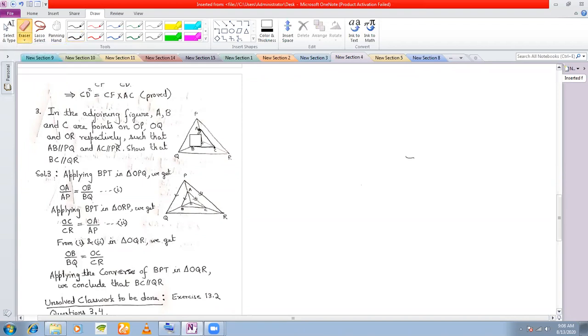And what else? AC is parallel to PR. This is parallel to this. Fine. You need to show that BC is parallel to QR. You need to show that this line BC is parallel to this line QR. Okay. How do you show?